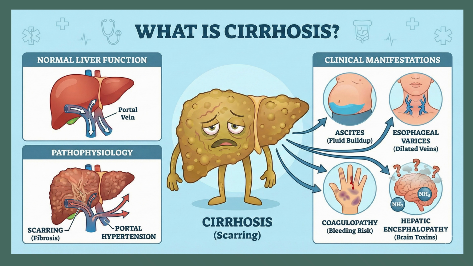Types of cirrhosis: we see different types of cirrhosis based on the cause. Alcohol-induced cirrhosis, the second most common form, is caused by chronic alcohol use and malnutrition. Post-necrotic cirrhosis is caused by scar tissue from a previous viral hepatitis or hepatotoxin.